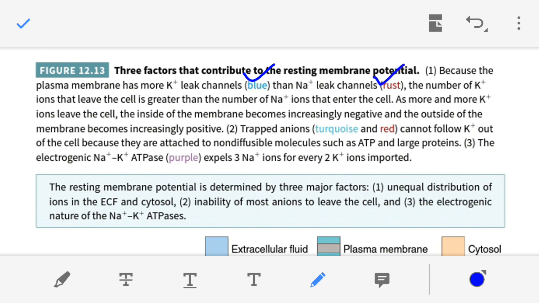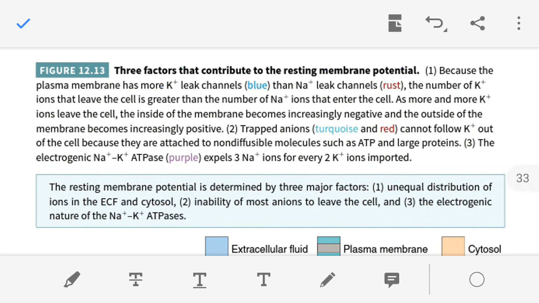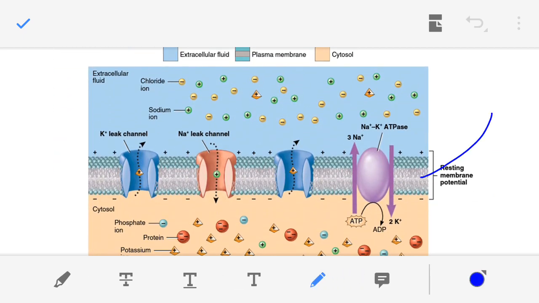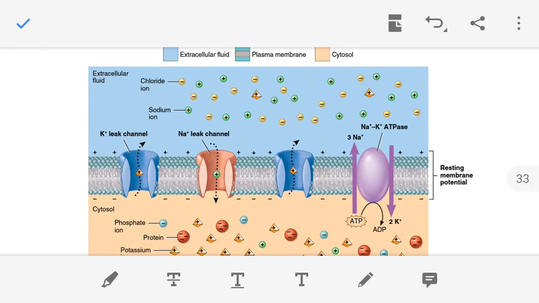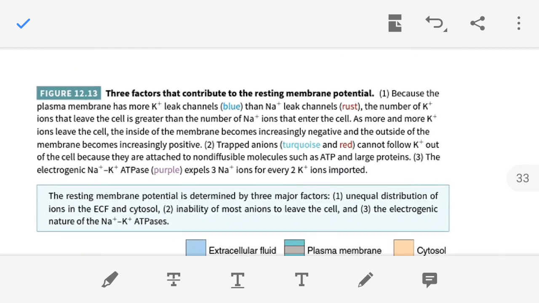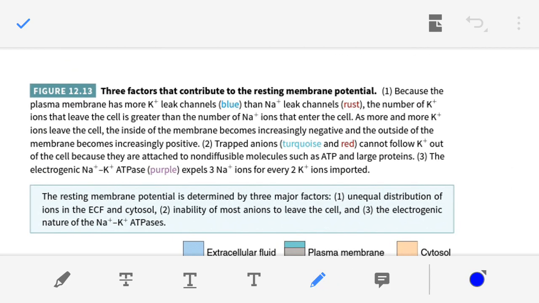In the figure you will observe that in the plasma membrane of the neuron, more K+ leak channels are present compared to Na+ leak channels. Now, what are these K+ leak channels doing?